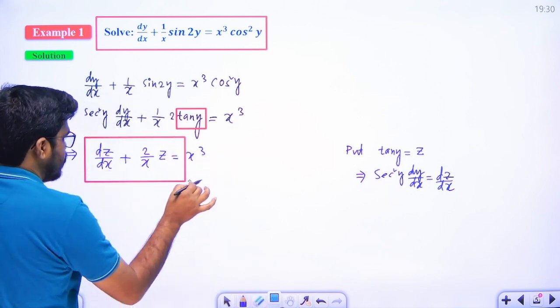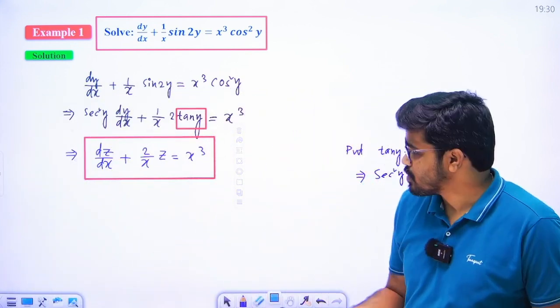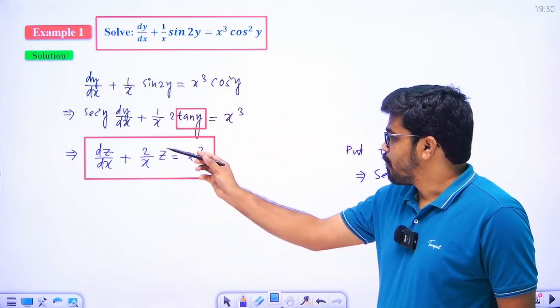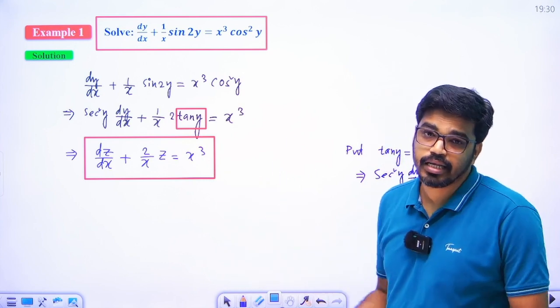This is a linear equation, which is linear in z.